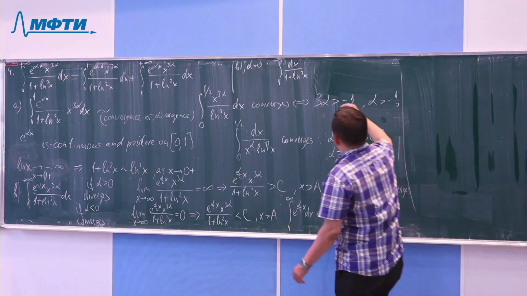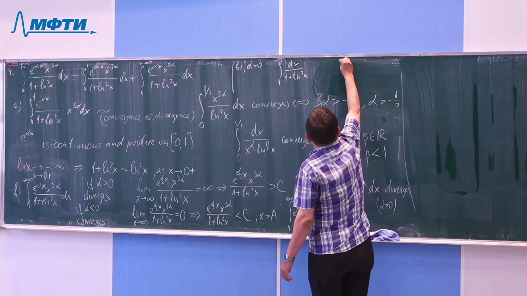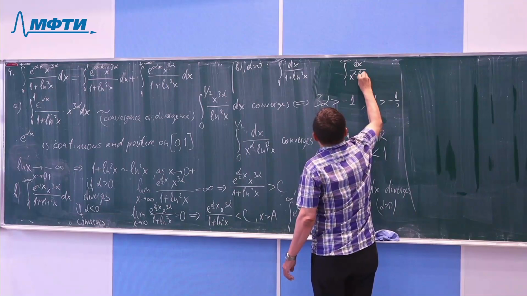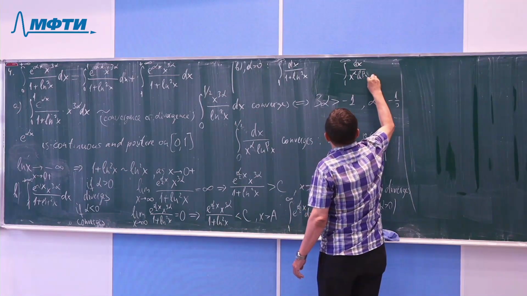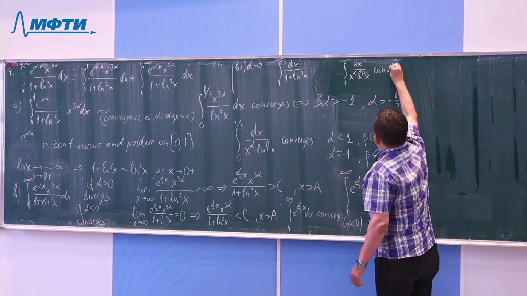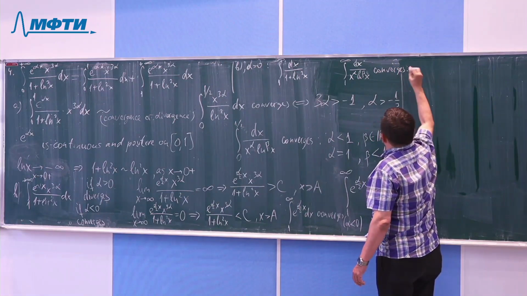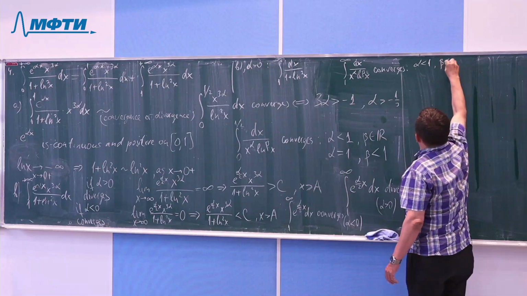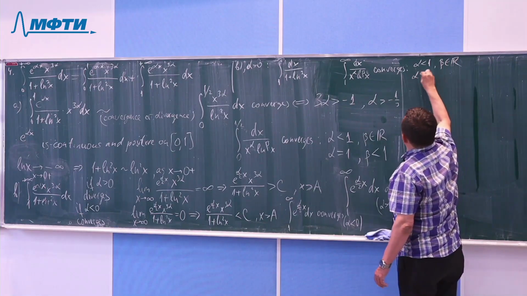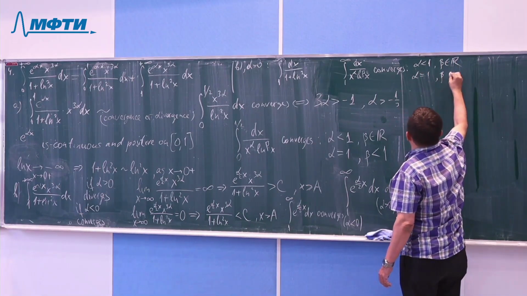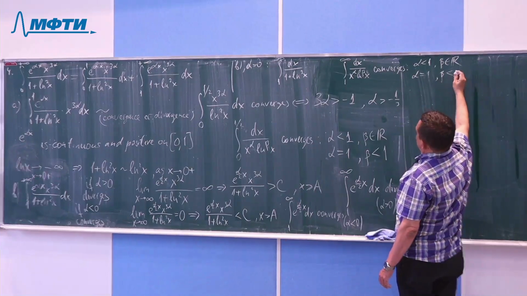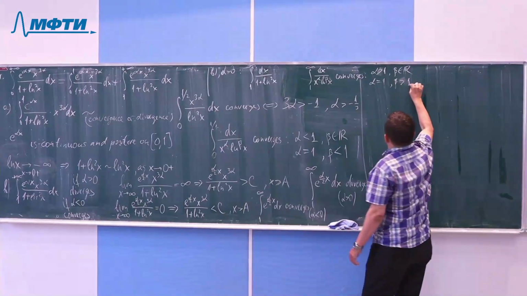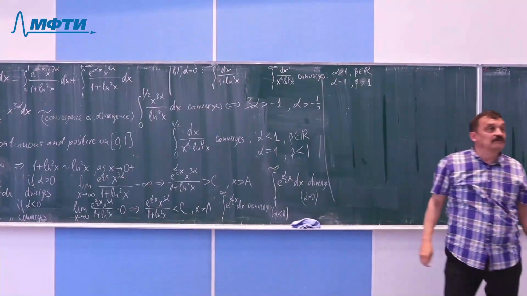We know that the integral from 1 to infinity of dx over x power alpha logarithm power beta x converges when alpha is less than 1, beta arbitrary, or alpha equals 1 and beta greater than 1, right?